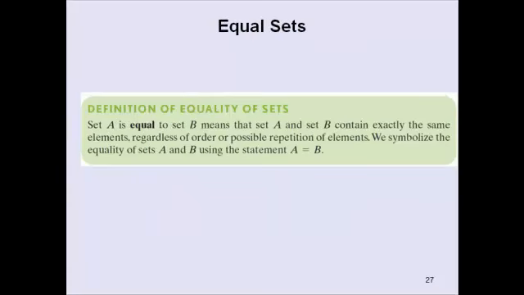All right? Now we have equal sets. Now equivalent sets where cardinal numbers are the same. The equal set has the distinction of exactly the same elements, okay? So regardless of the order or possible repetition, we symbolize the equality of sets A and B using the statement set A is equal to set B. All right? So just a little recap.